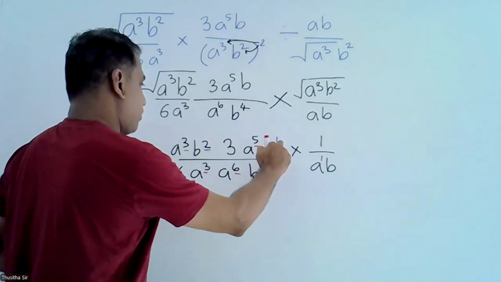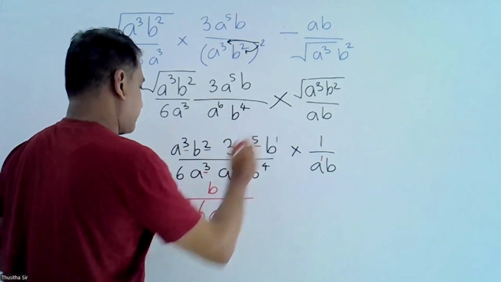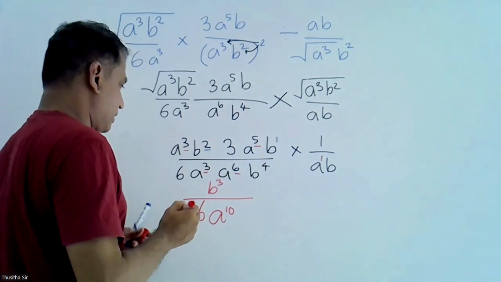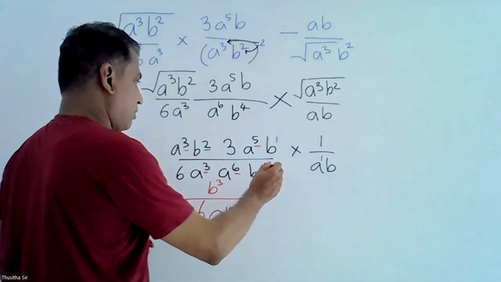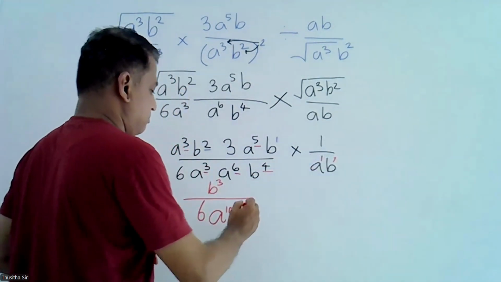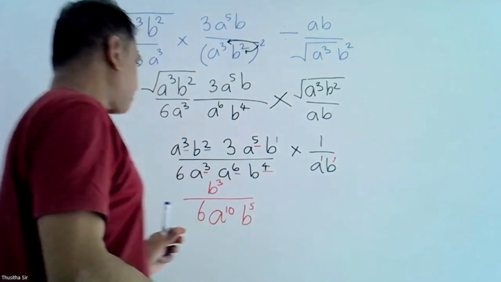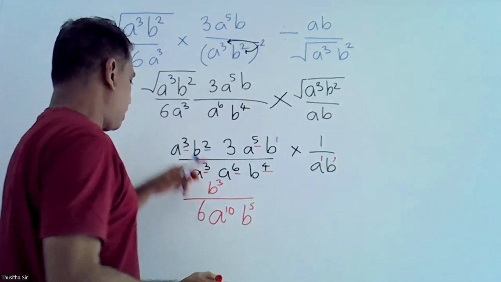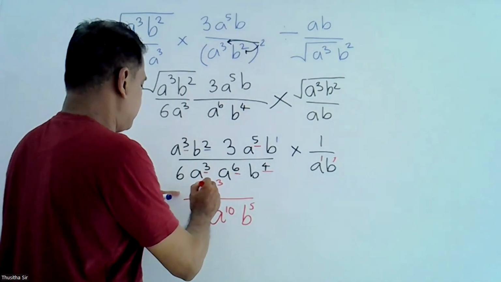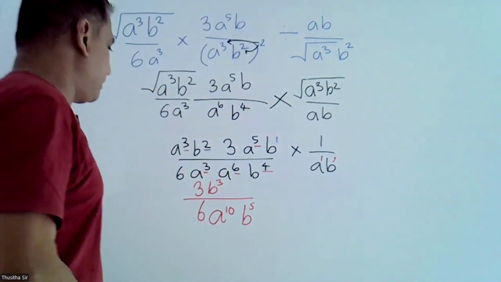So 2 plus 1 is b 3. So here 4 plus 1, b 5. 4 plus 1, 5. Right? Now here the 3 remains, no change. So now we have done that part.